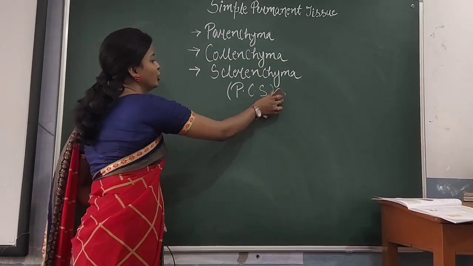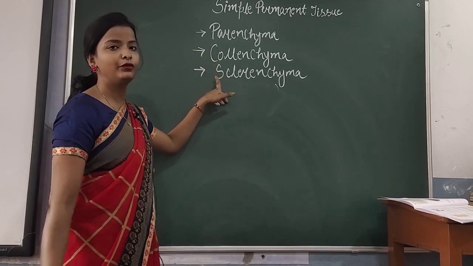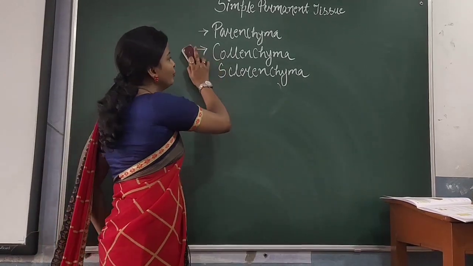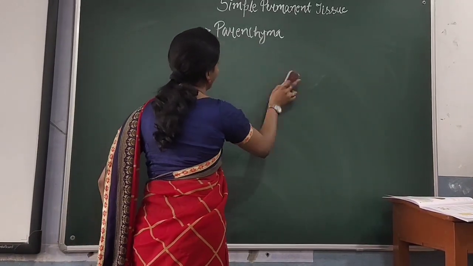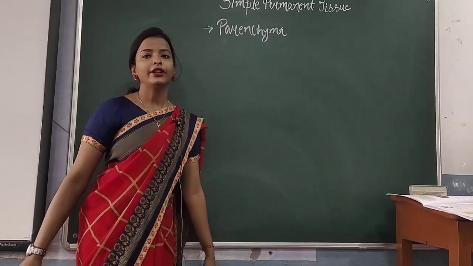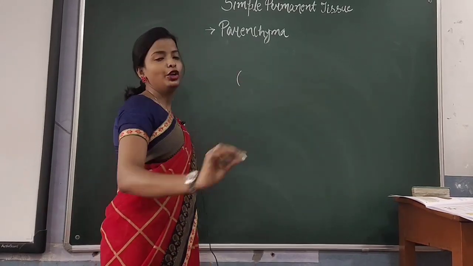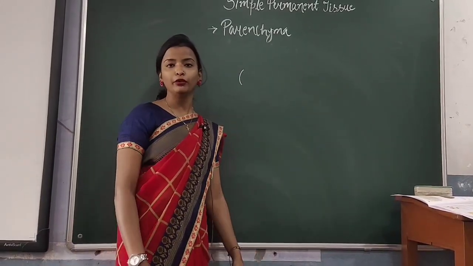Now, let us discuss one by one. First we will take parenchyma. In parenchyma, the cells are loosely packed. I have told you again that the tissues are the group of the cells.